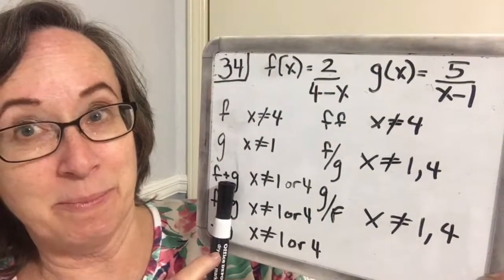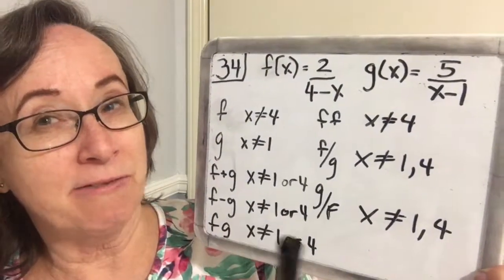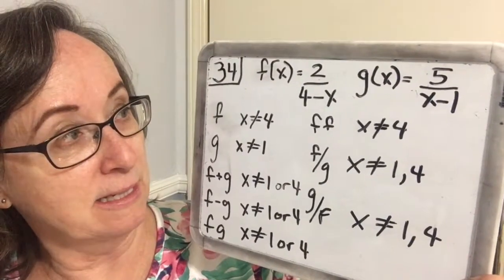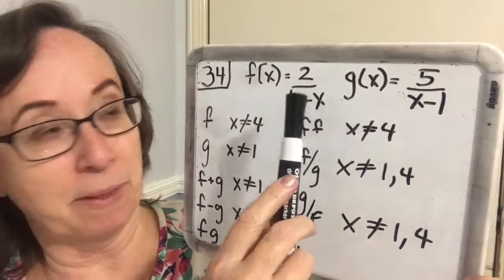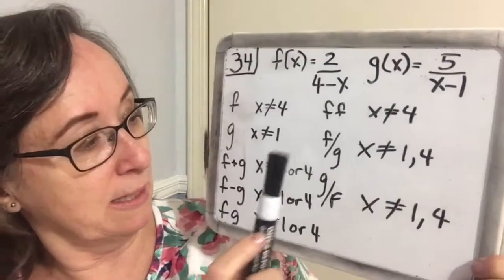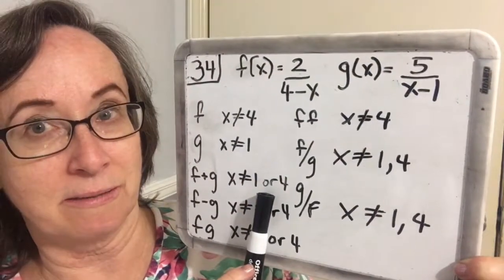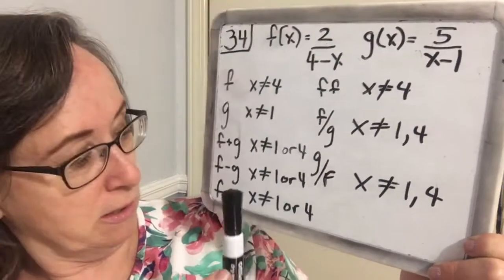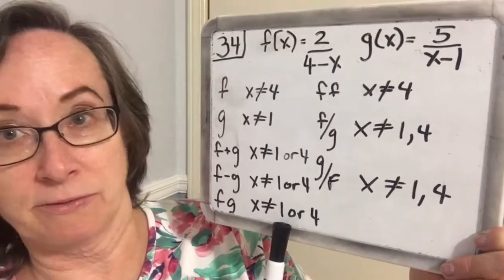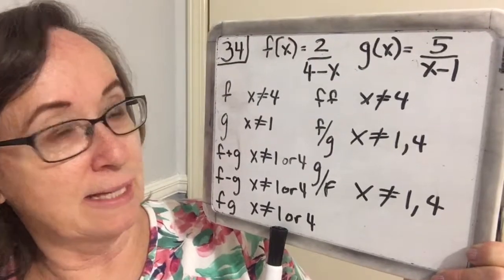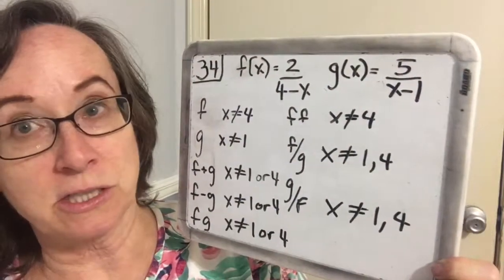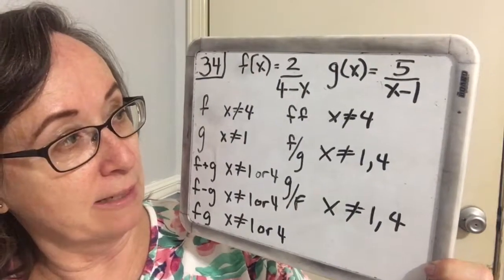And the sum can only be defined where both of the other functions are defined. And since this one cannot be a 4 and this one cannot be a 1, both of them are excluded from the sum function, from the difference function, and from the product function, because the product cannot be defined where one of the functions fails to be defined.